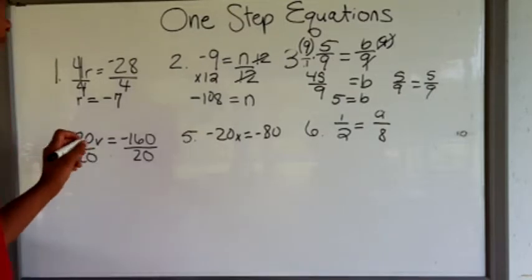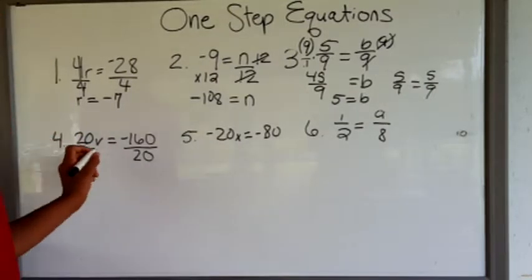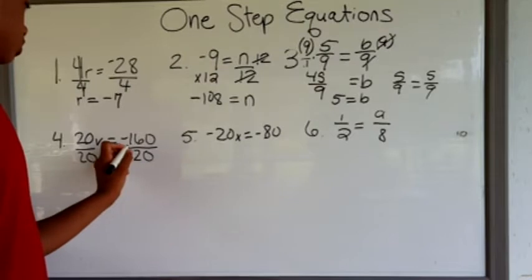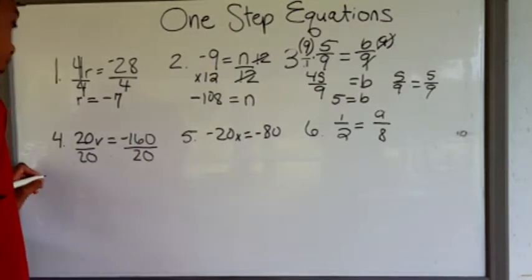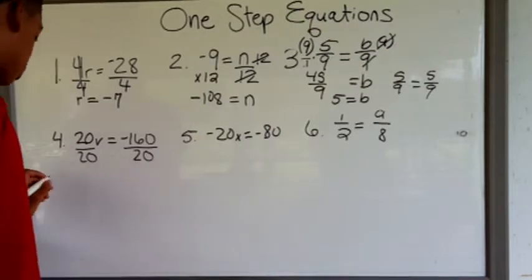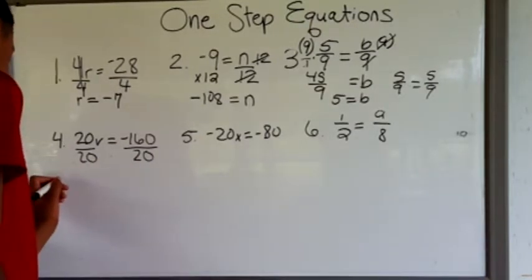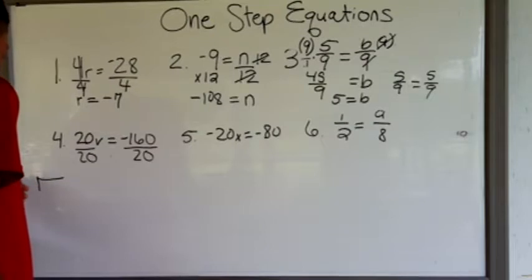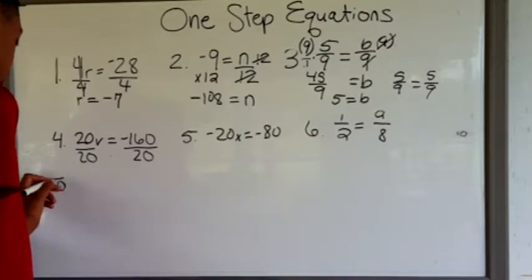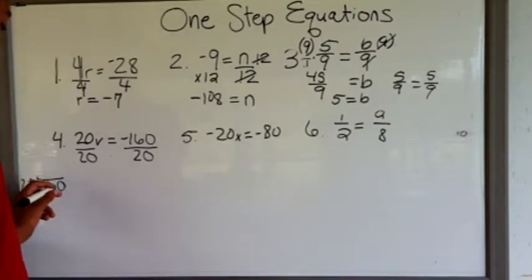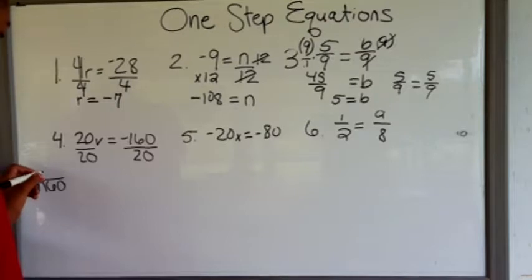Alright, so 160 divided by 20, which I could just go ahead and do on the side. 20 can't go into 1, it can only go into 16.